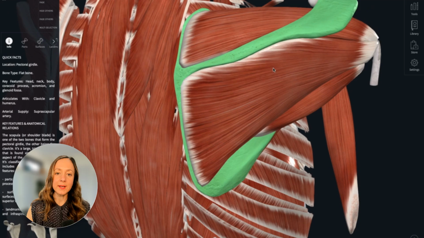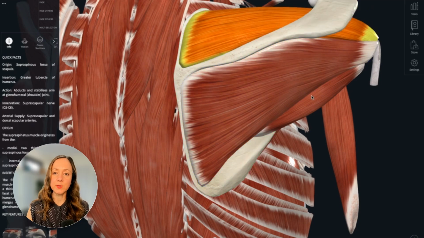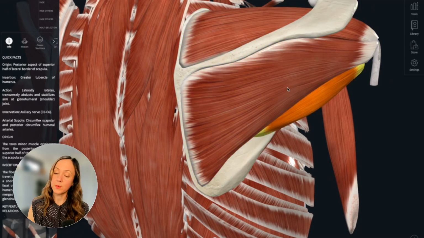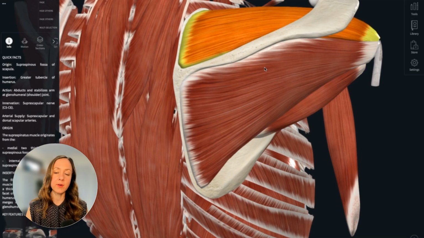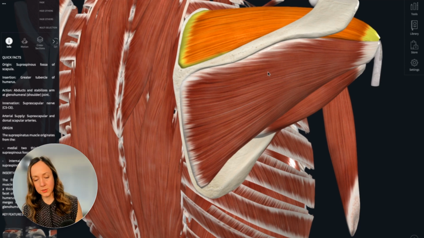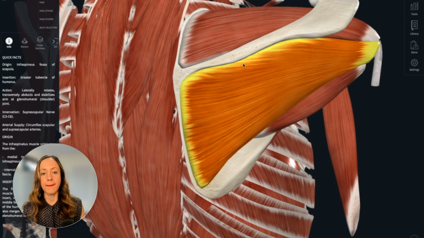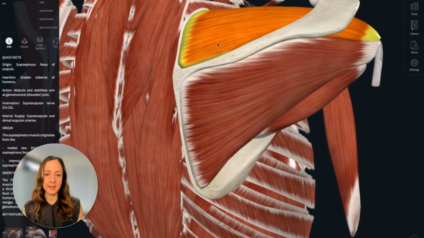Now what we need to recognize are the muscles. The three out of four rotator cuff muscles that live on the dorsal surface, the posterior aspect of the scapula. So those will be superficial to the scapula itself. They're on the outside towards the skin.